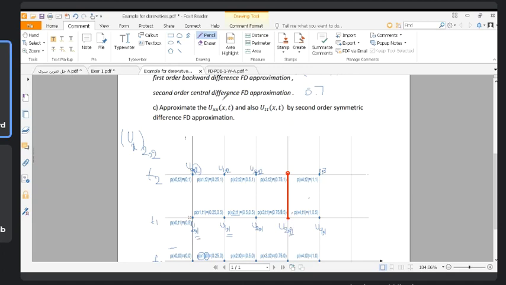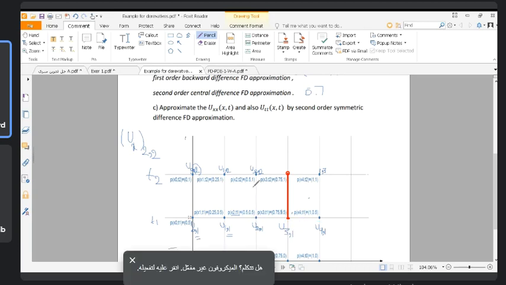What is the diagram? When we want to compute Ux at U22, we take the next point in this row. It is U3 and 2. U22 is here.